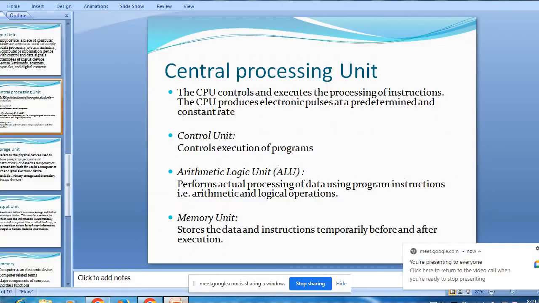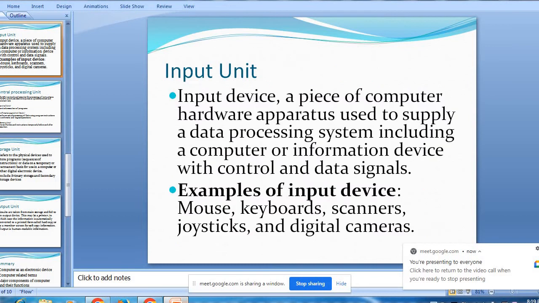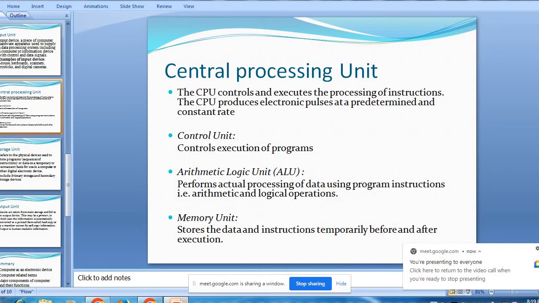Yes. So another unit is called what? CPU. Yes, the CPU, exactly. What happens inside the CPU? In the CPU, this is where the execution of instructions takes place.